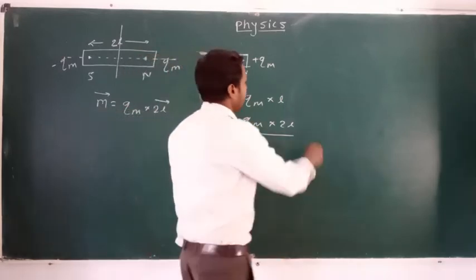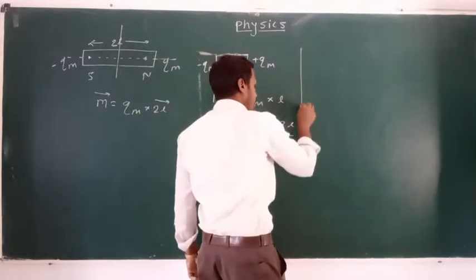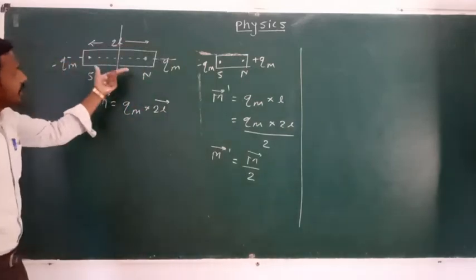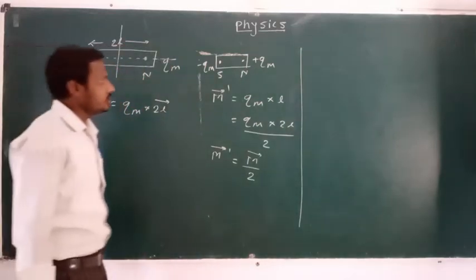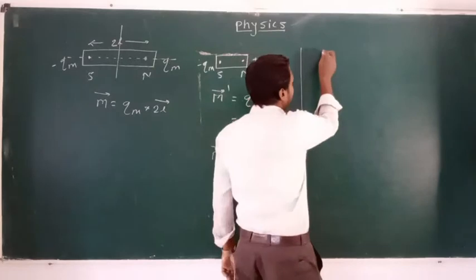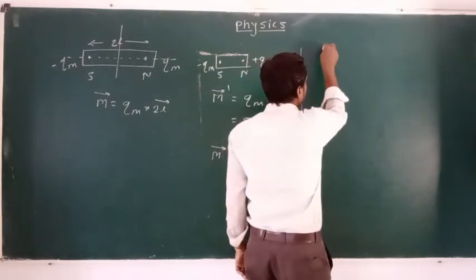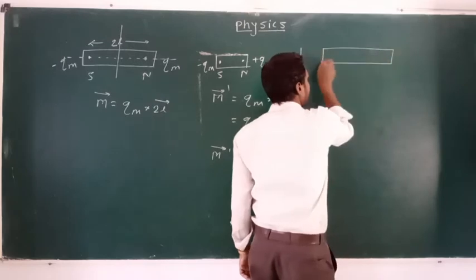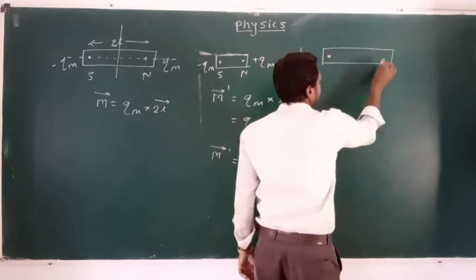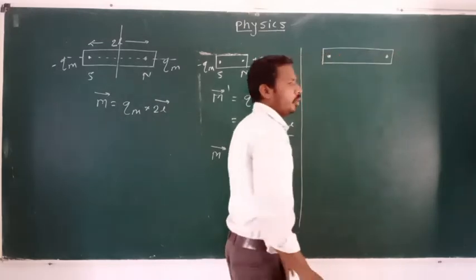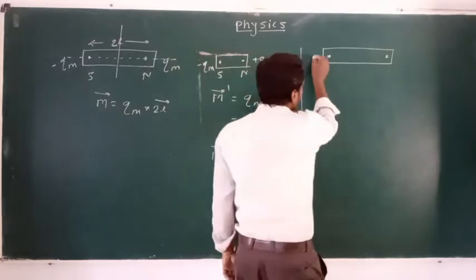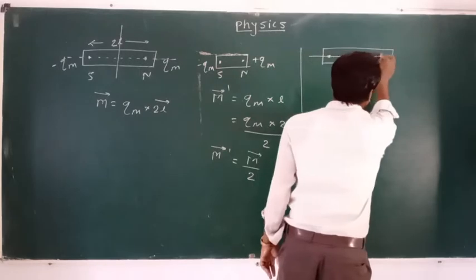Okay, now next, if we divide that magnet along its length, it becomes like that. Consider this is the original bar magnet. Here is the south pole, here is the north pole, and we divide this bar magnet into two equal parts along its length, that is, we cut from here.